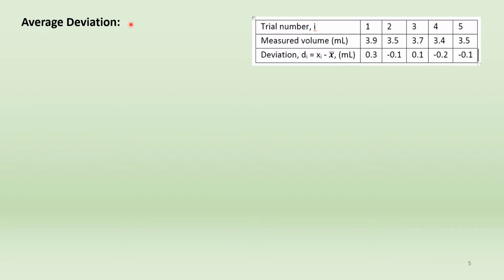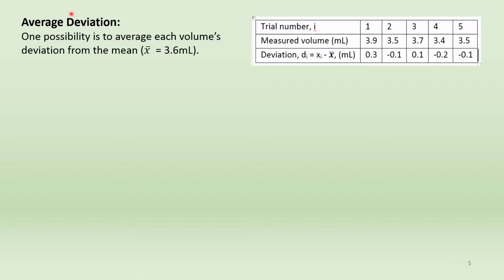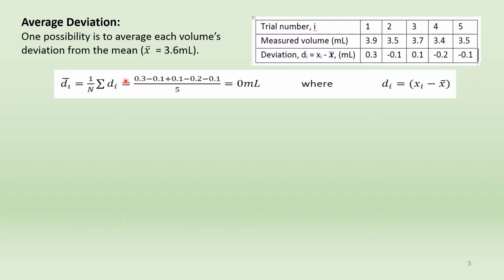Another way to estimate uncertainty is to report the average deviation. So we would average each volume's deviation from the mean. Recall the mean x bar is 3.6 mL. So here each deviation would be the reading 3.9 minus the average 3.6. In this case, the deviation is 0.3.